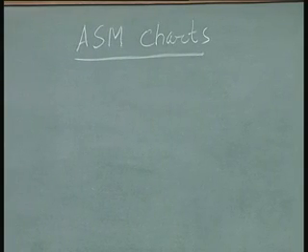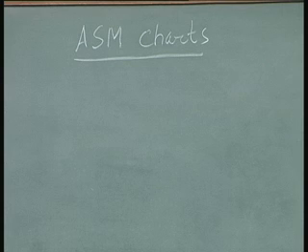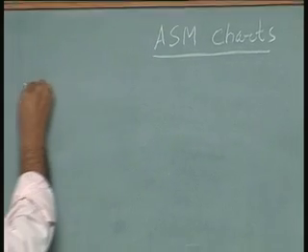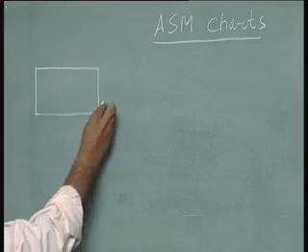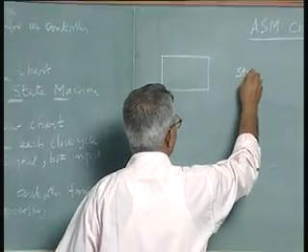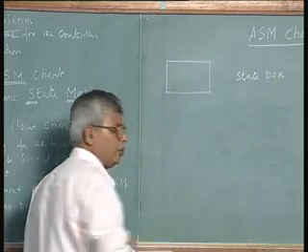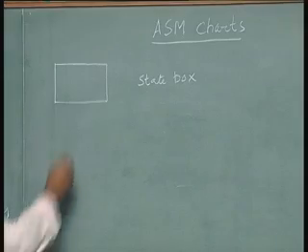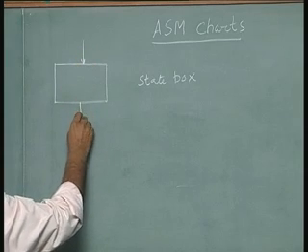There are only three blocks in an ASM chart. The first box is a rectangle called a state box. The state box has an input arrow and an output arrow.